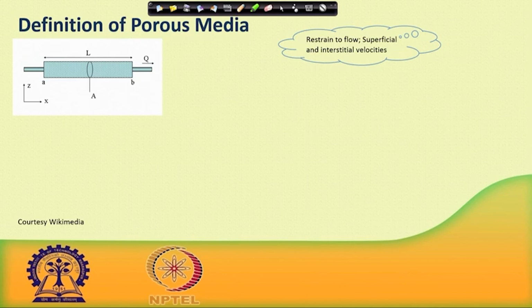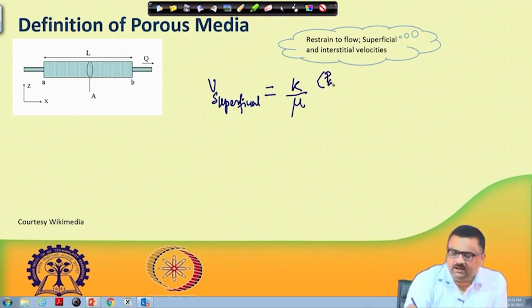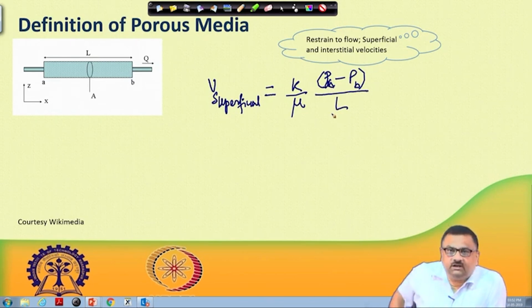interstitial velocities, and we discussed Darcy's law. Darcy's law says that V superficial is equal to K by mu times P A minus P B divided by L. In our last lecture we showed this.